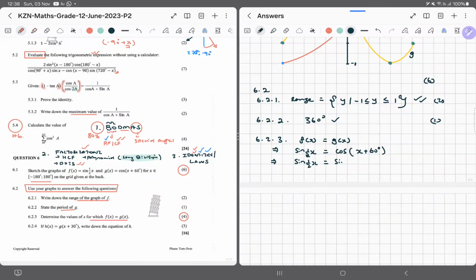This one was originally sine of 90 degrees minus the sum. See, this is very nice. So this implies that we've got sine of a half of x equals, we simplify this one a bit more. So 90 minus 60, this is basically 30 degrees minus x.